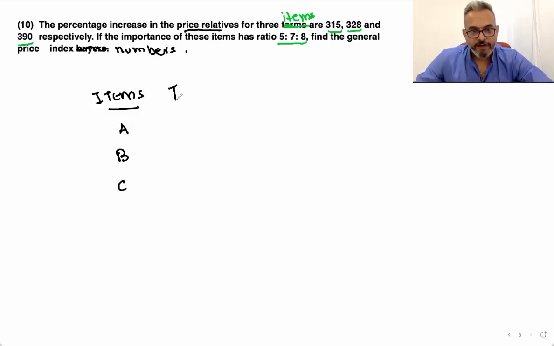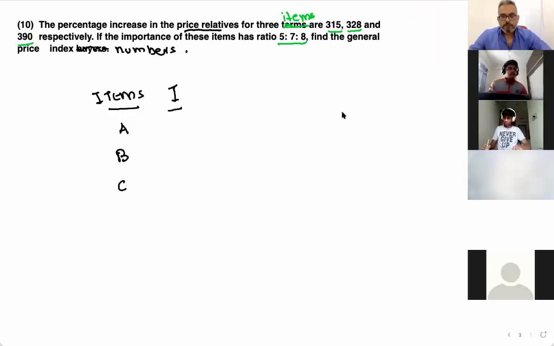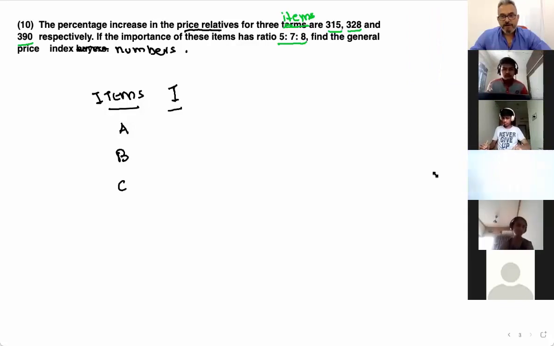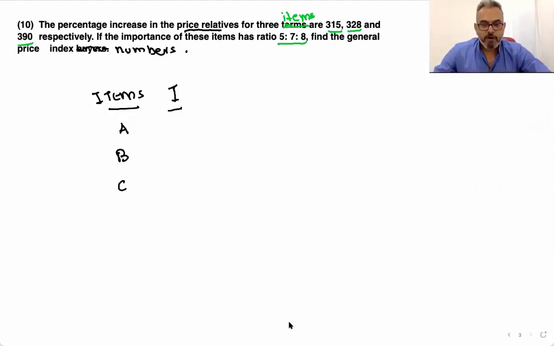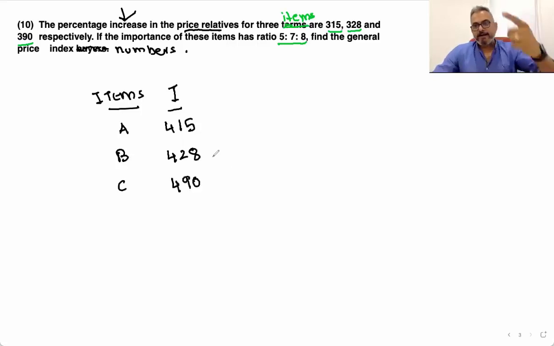So price relative यानी index number I. Tell me what will be I for item A? 415, because over here it is given the percentage increase. So index will be 415, 328 for item B will become 428 and 390 will become 490. We add 100 because it is increase.